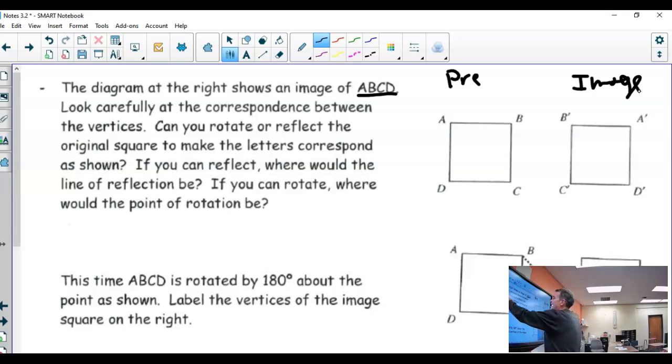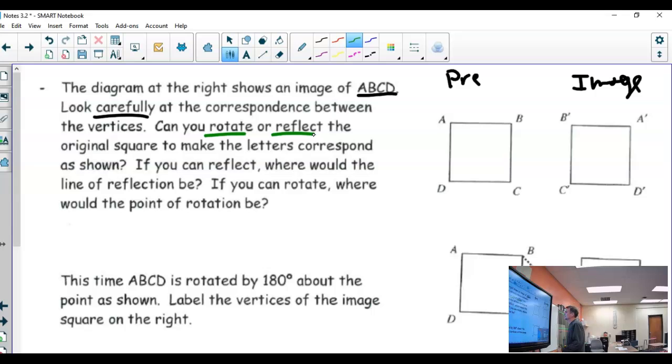It says, look carefully at the correspondence between the vertices, like where is A, where is A prime? Where is B, where is B prime? Can you either rotate or reflect the original square to make the letters correspond as shown? If you reflect, where would the line of reflection be? If you rotate, where would the point of rotation be?